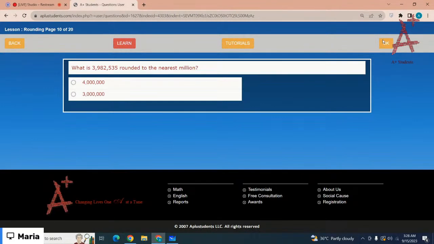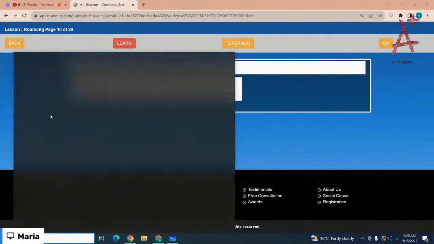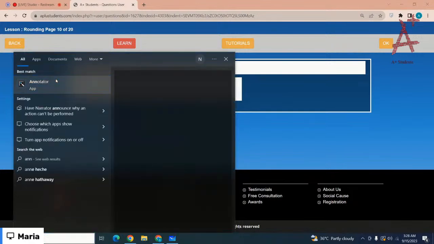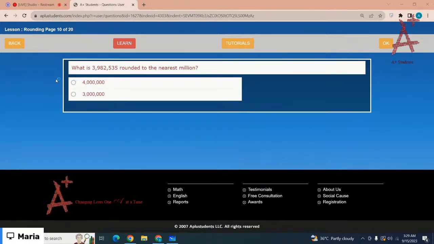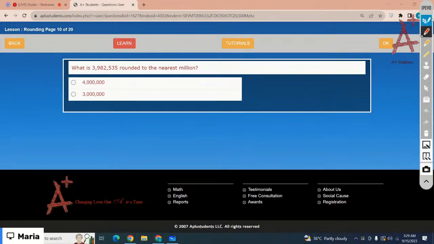What is 3,982,535 rounded to the nearest million? So just look at the millions digit, right? Just look at the digit that is at the millions position. So 3 is at the millions position, right?